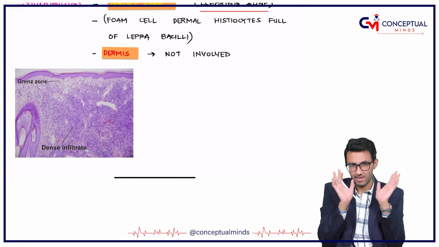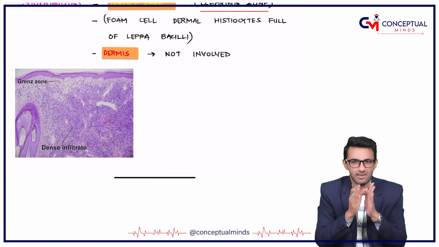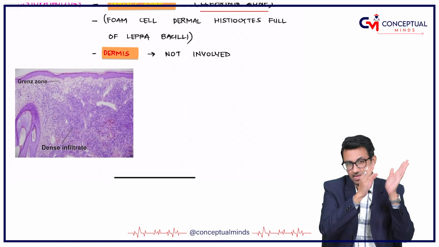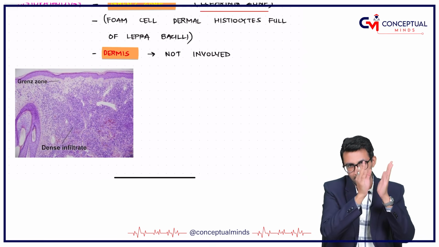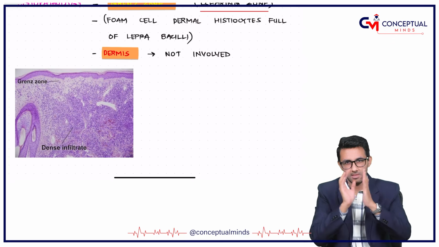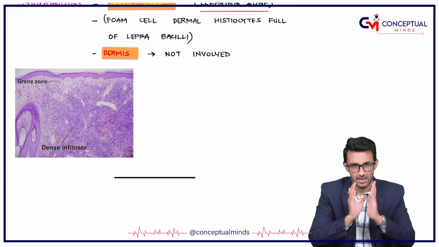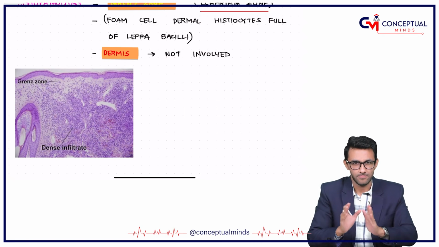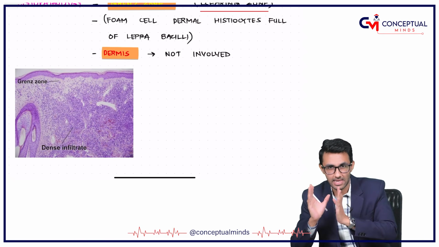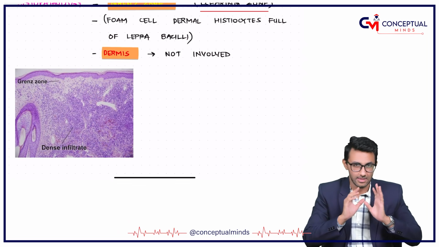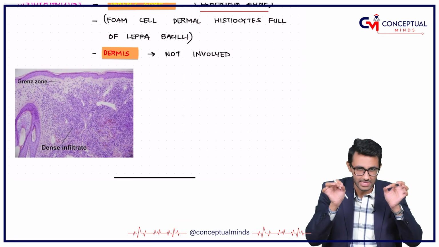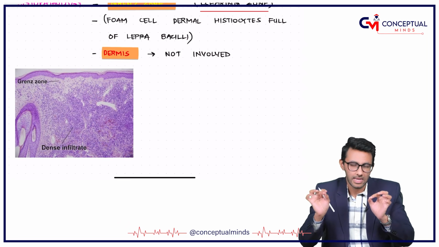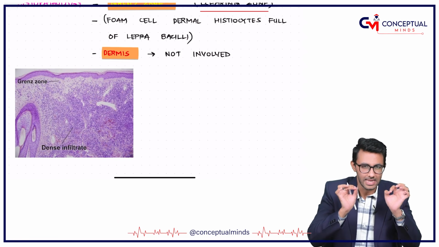I hope it is very clear. Let me repeat that once again. Macrophages, foam cell, LL type, we see the Grenz zone because there is central clearing. Because the dermis is not involved, we see a clearance zone, also called the Grenz zone.